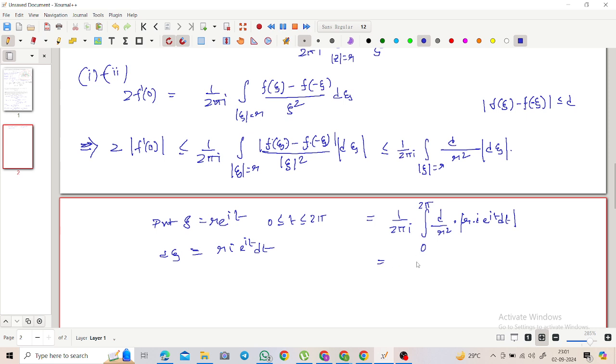So what is this? Cancel this out. Cancel this i out. This is 1. So what do you get? This is 1 by 2 pi, d by r, integral 0 to 2 pi dt.